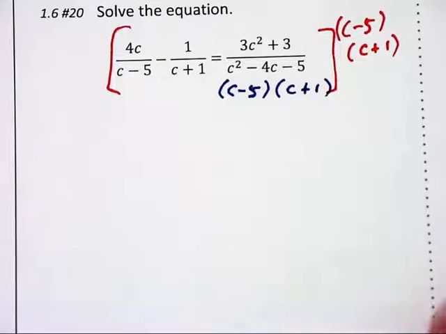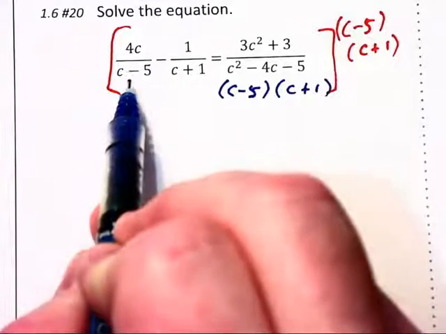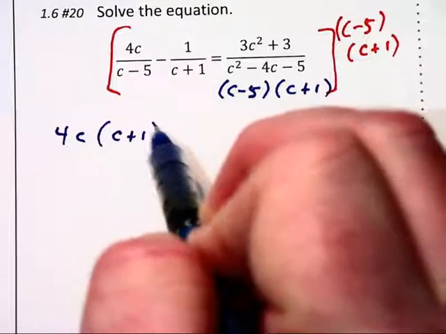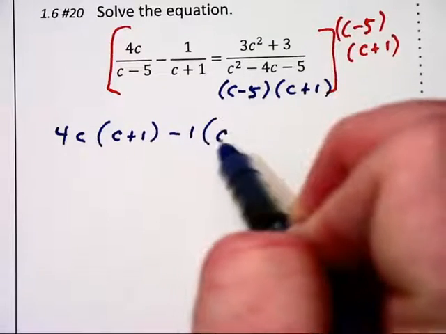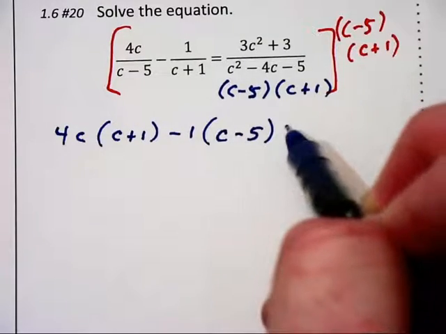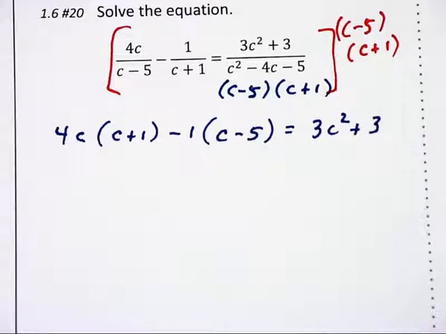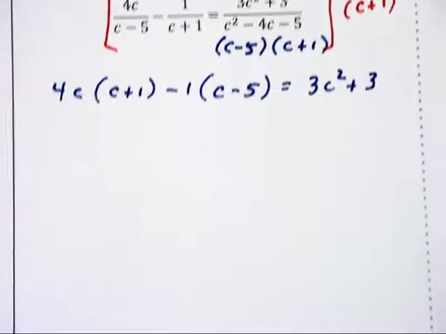Distributing that through to the first term, the c minus 5's will cancel, leaving 4c times c plus 1 minus 1 times c minus 5 equals 3c squared plus 3, because nothing will cancel on the right-hand side.